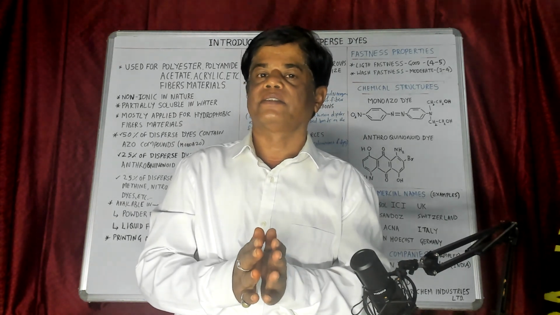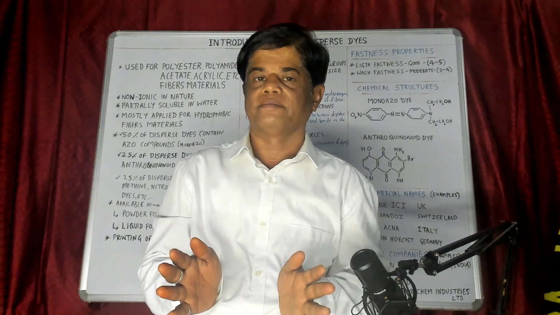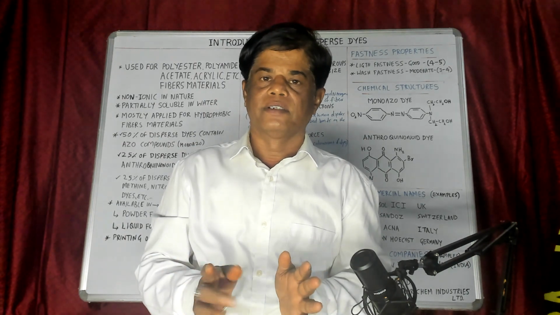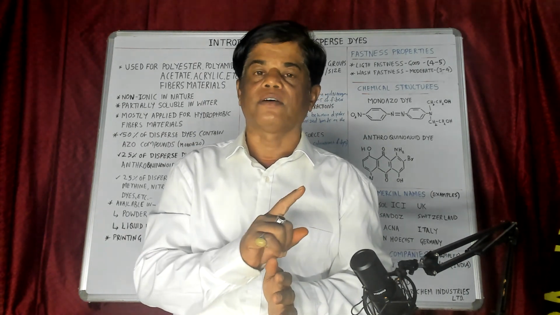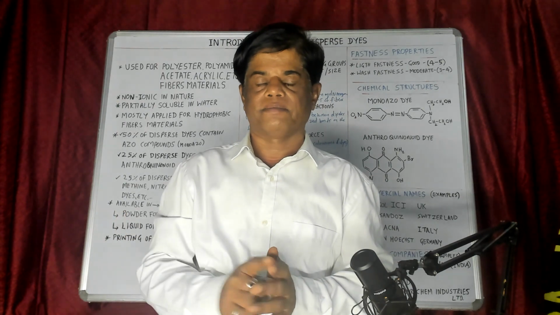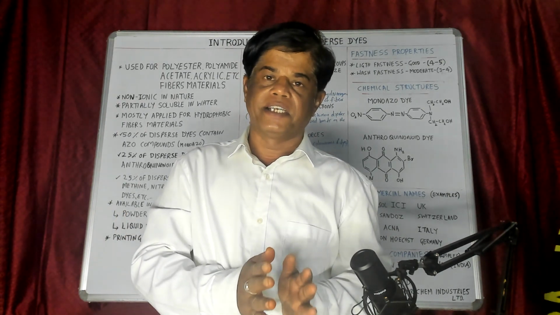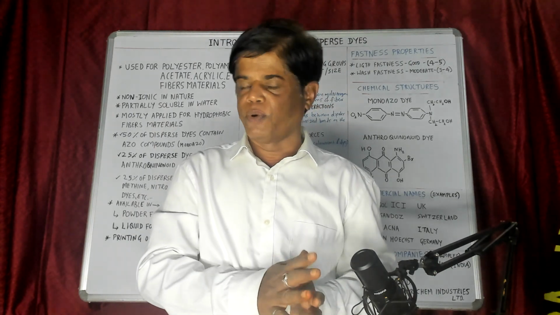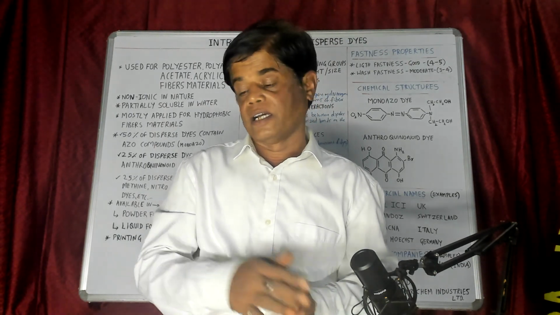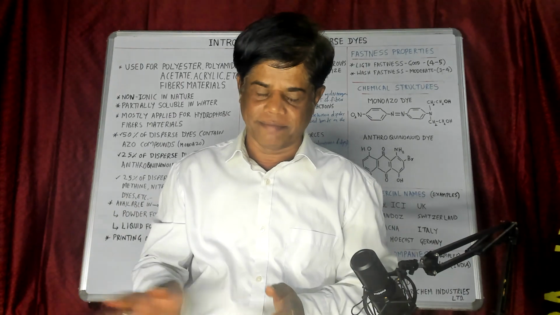Globally, disperse dyes are banned. I am not saying all kinds of disperse dyes. On one side I am saying disperse dye is popularly used to dye polyester fibers; on the other side I am saying it is banned.